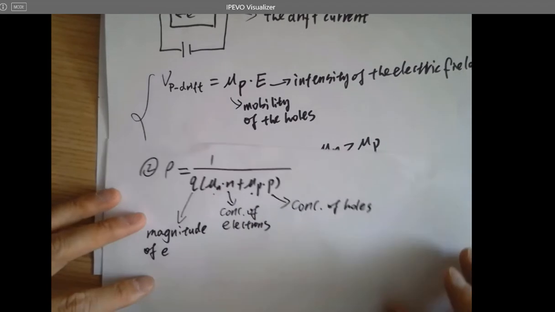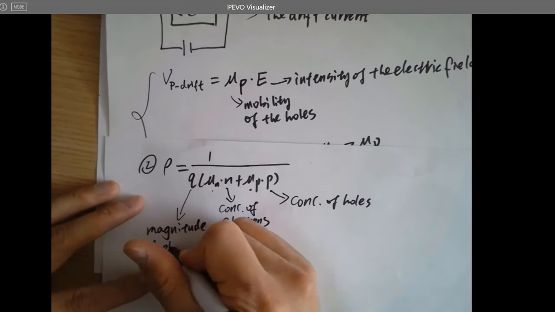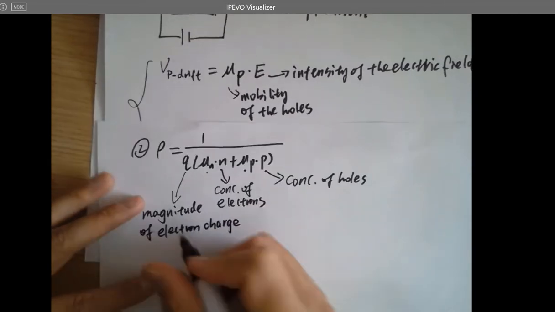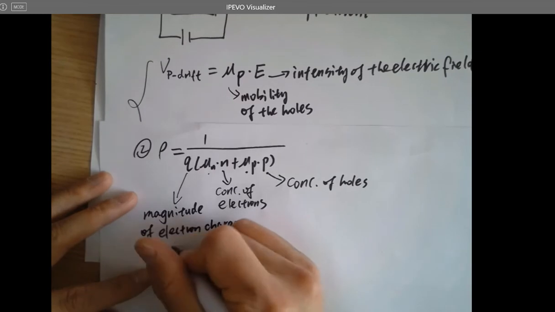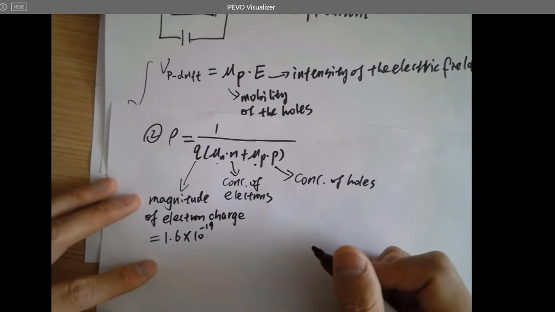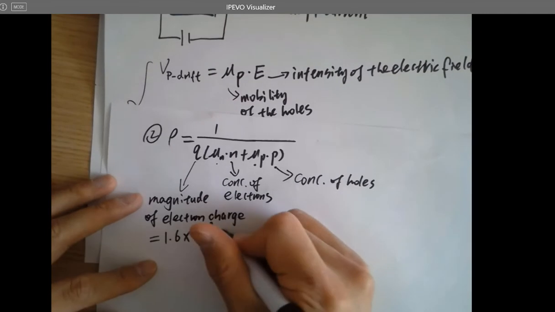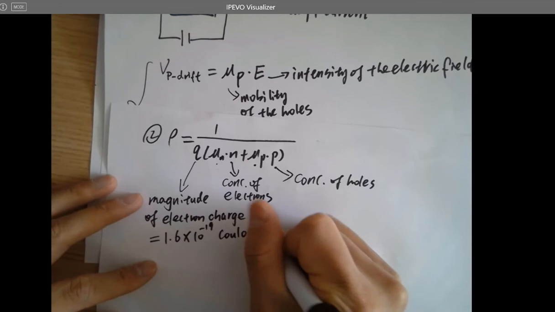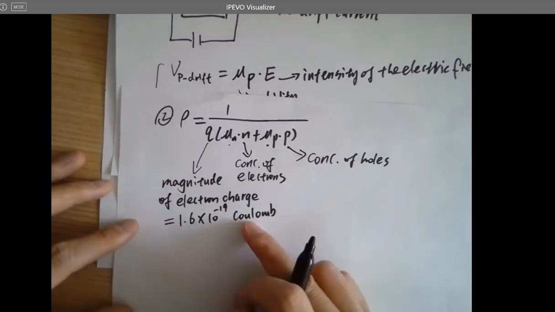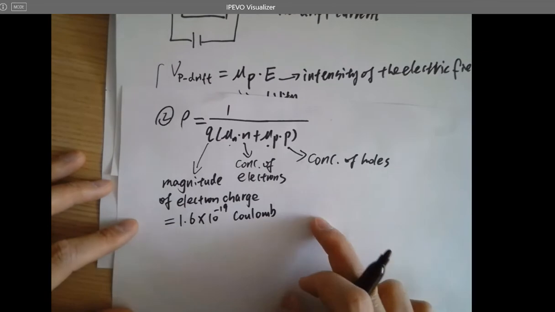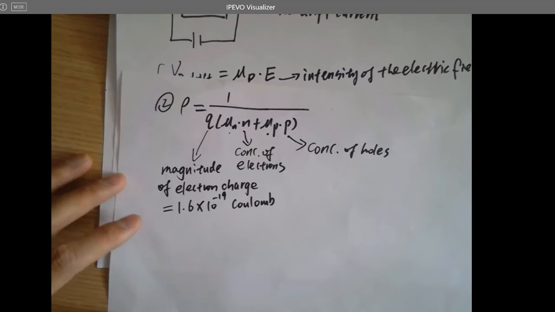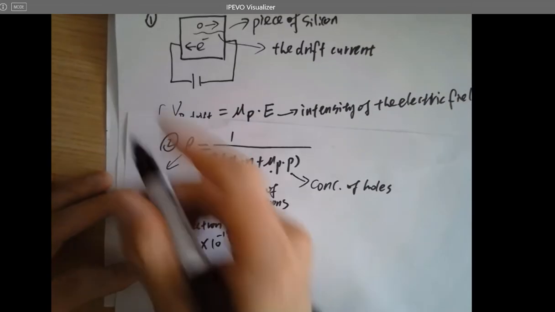Do you remember what that value is from physics? Yeah, it is 1.6 times 10 to the minus 19. What's the unit? Coulomb. That's the amount of charge an electron can carry. And this is called resistivity.